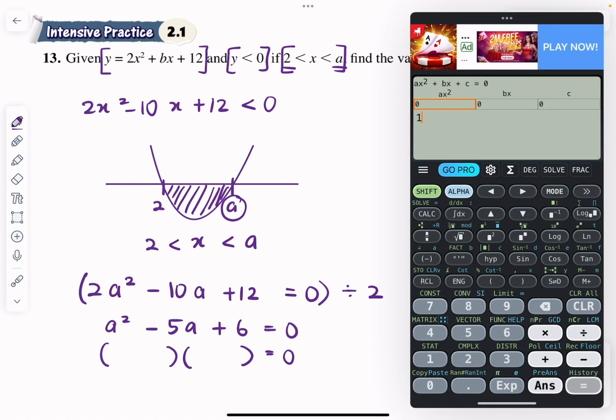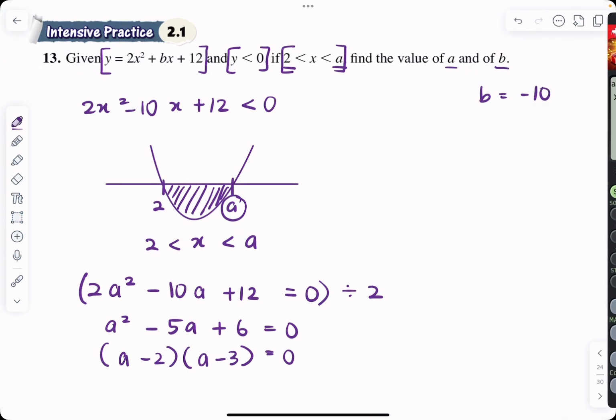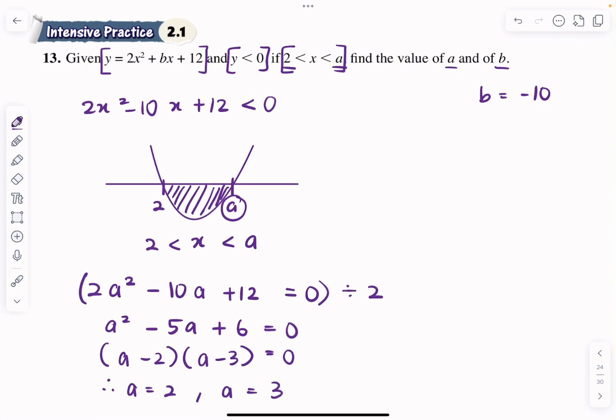You can just use your calculator. a is 1, b is negative 5, c is 6. So a minus 2, the other one will be a minus 3. So a will be 2 or a will be 3. These are the two possible values of a.